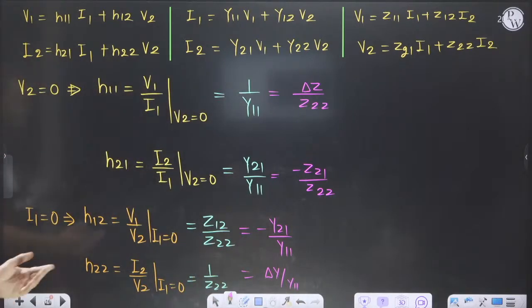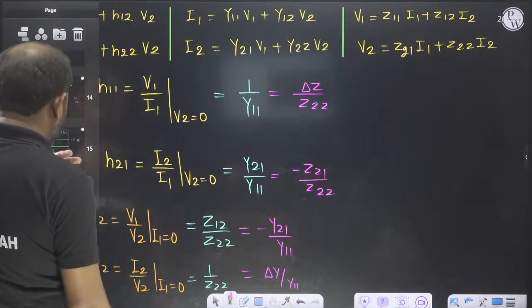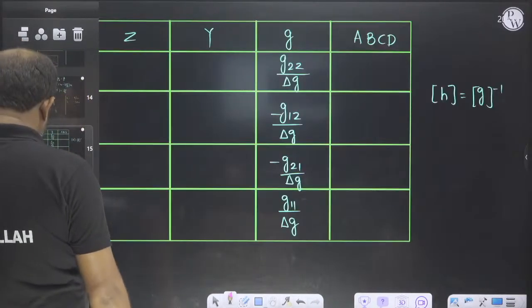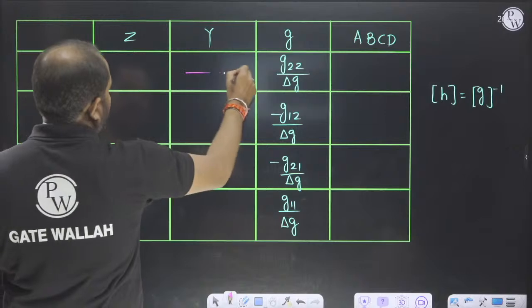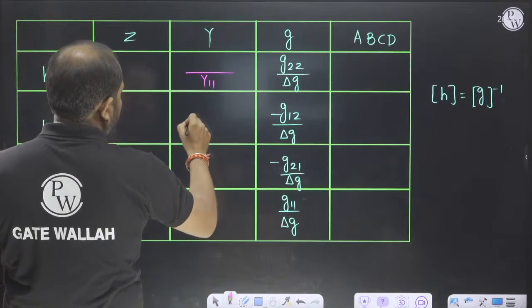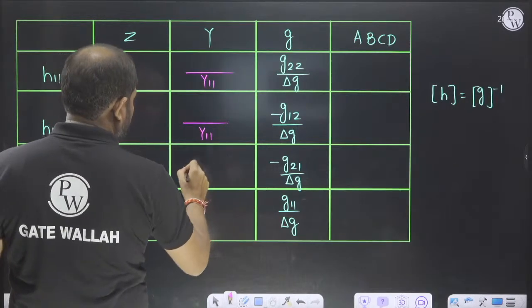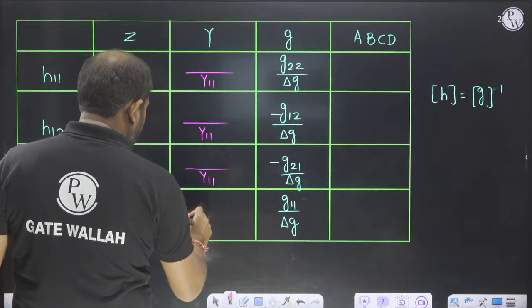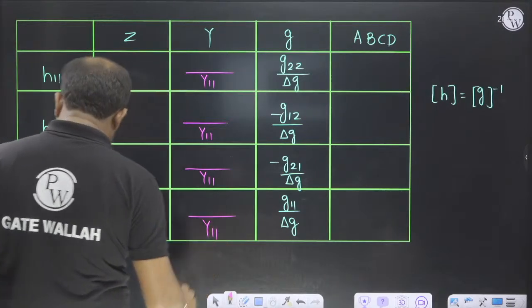So we have to find out what? The H parameter in terms of the Y parameter and in terms of the Z parameter. So we have 1 by Y11, Y21, everywhere Y11.